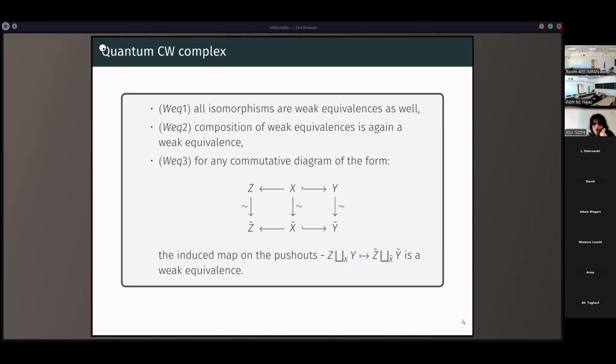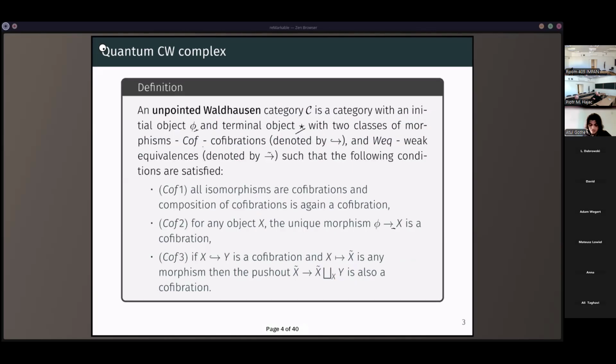So if we push out Z and Y over the common space X, and push out Z and Y tilde over the common space X tilde, then we also get a weak equivalence on the pushouts. These six conditions are the defining conditions for an unpointed Waldhausen category.